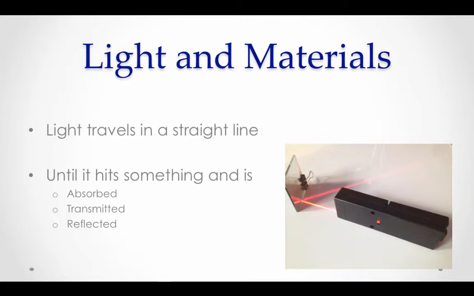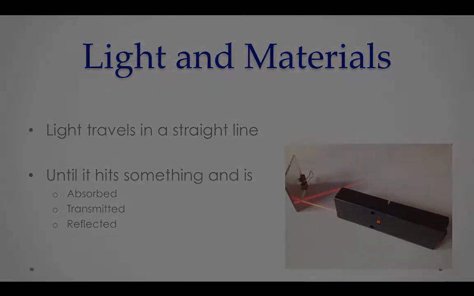So light travels in a straight line until it hits something, and we already have looked at how it can either be absorbed or reflected, but it also can be transmitted. So in just a few moments, I'm going to introduce a couple of activities that will demonstrate that light travels in a straight line. It spreads out as it travels, and it can interact with different materials in different ways.